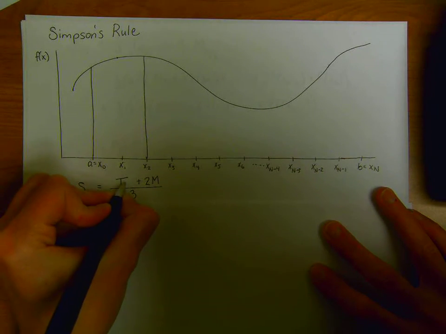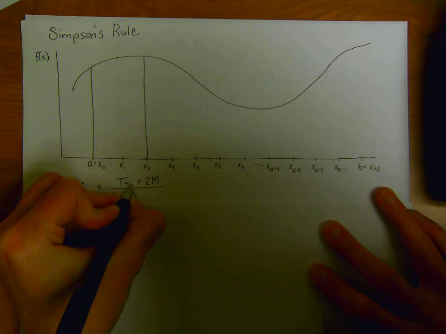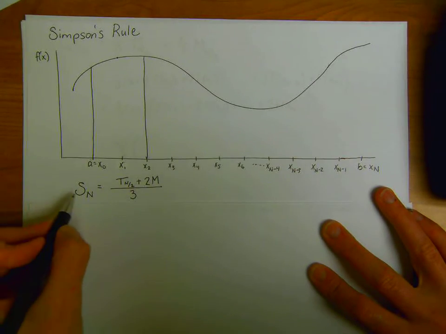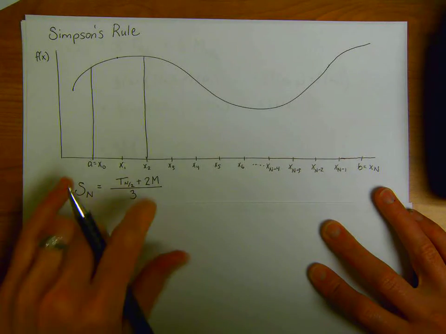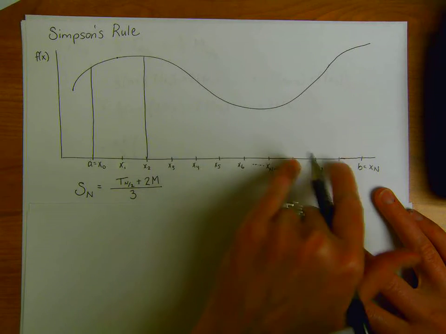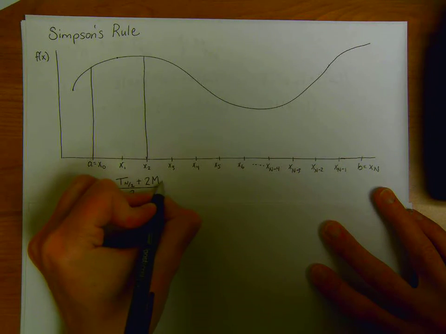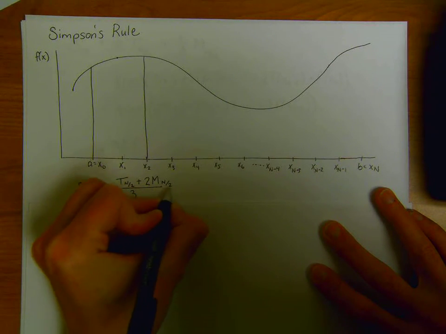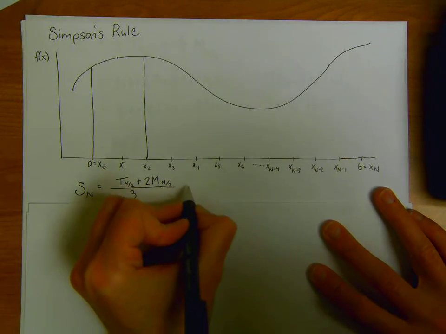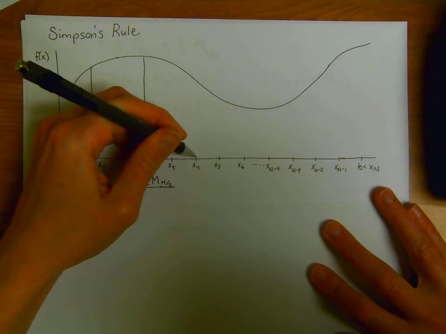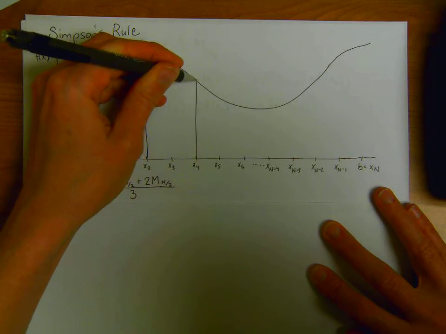So I call this n divided by 2. For example, if S8 is using 4 trapezoids and 4 midpoints, this is also n divided by 2. And if that's unclear, let me add a picture. I think the picture might help.